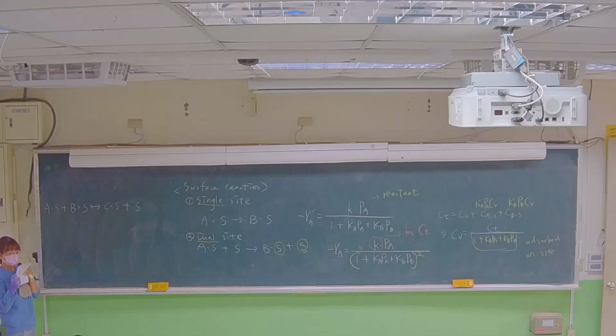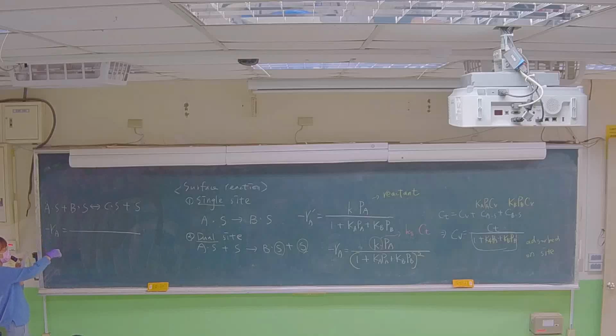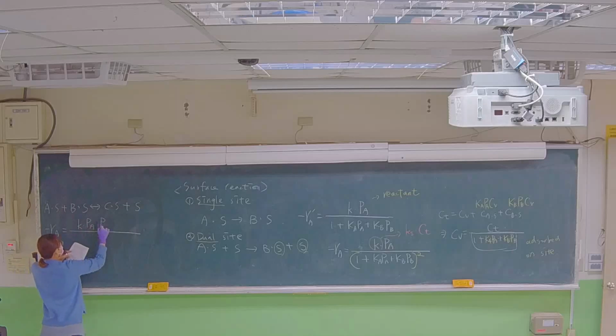It is easy. We do three things. First, that is a fraction, right? This part, reactant, so K, PA, PB. A and B are both reactants.